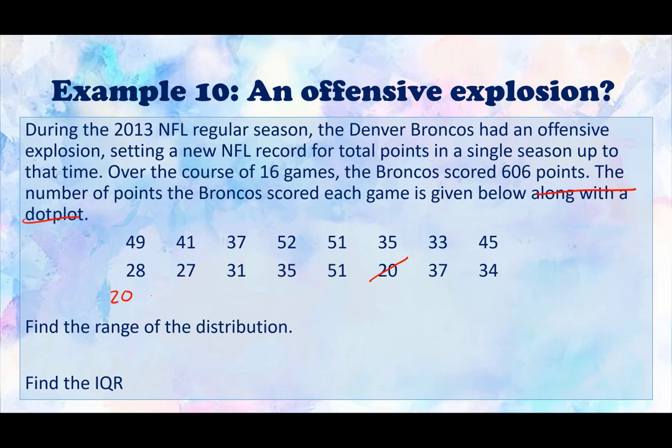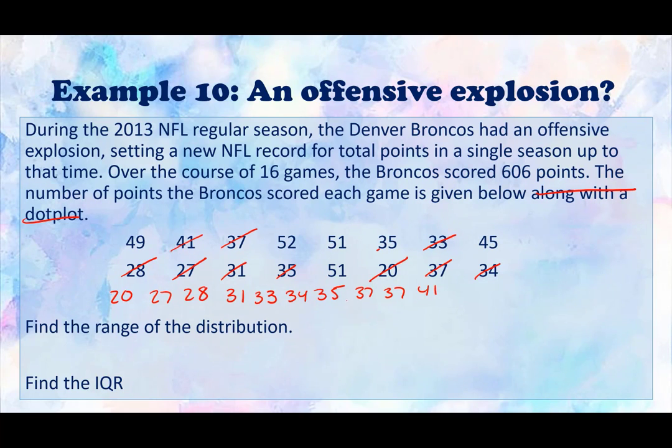So we have 20, 27, 28, 31, 33, 34, 35, and I believe we have 2 37s, so 37, 37, and then we have 41, and then we forgot to cross out a 35.